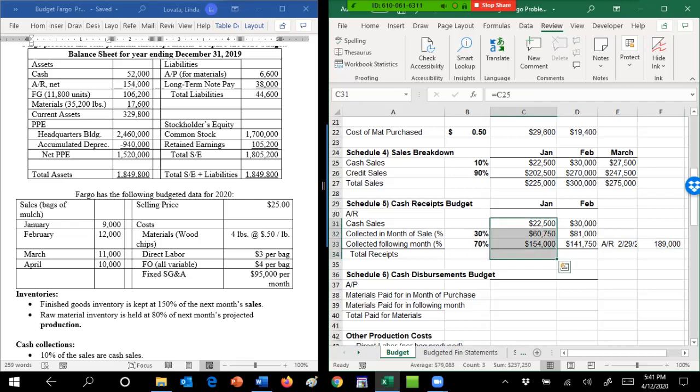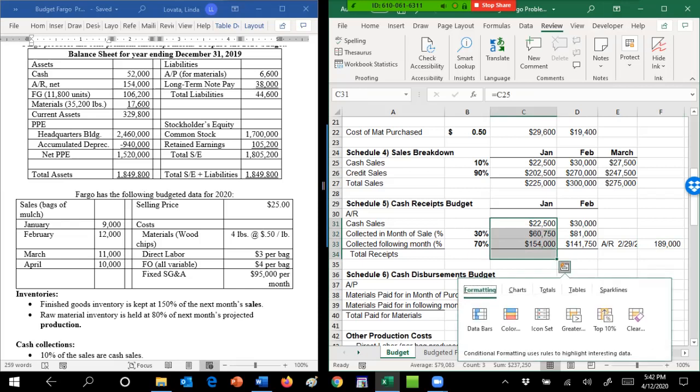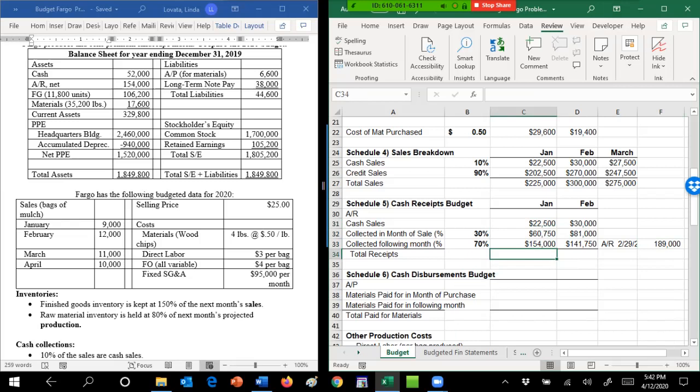So then I can just total these down. I hit Alt equal to do that. There's different ways to do it. And then I can just carry this across. And that's your cash receipts budget.